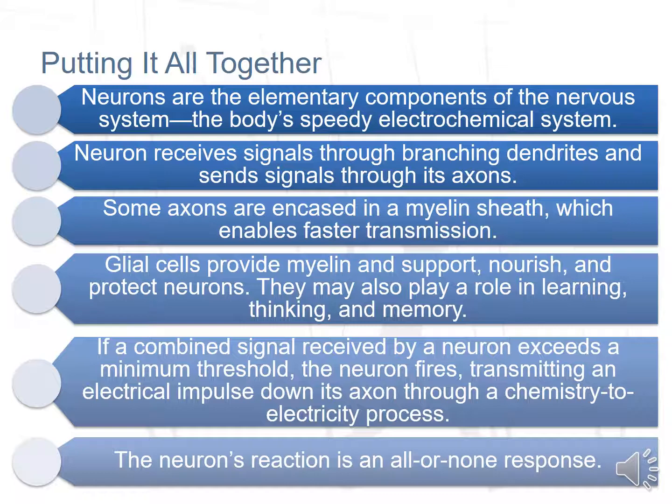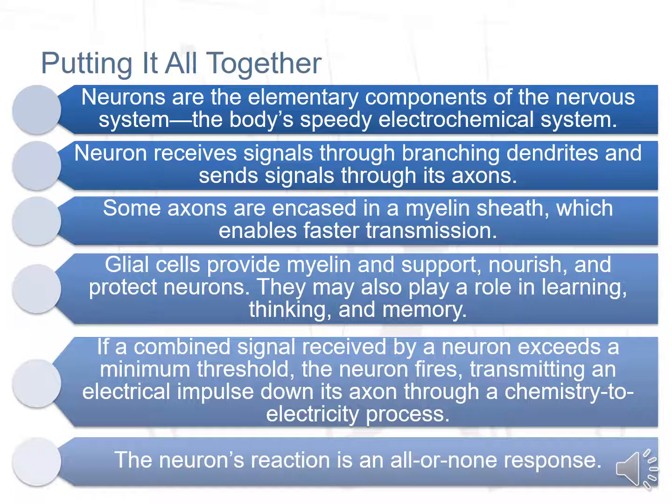So if we look at all this in a specific summary of some of the content in the text, we can say the neurons are the elementary components of the nervous system, the body's speedy electrochemical system. A neuron receives signals through branching dendrites and sends signals through its axons. Some axons are encased in myelin sheath, which enables faster transmission and protection against interference. Glial cells provide myelin and support, nourish, and protect neurons.